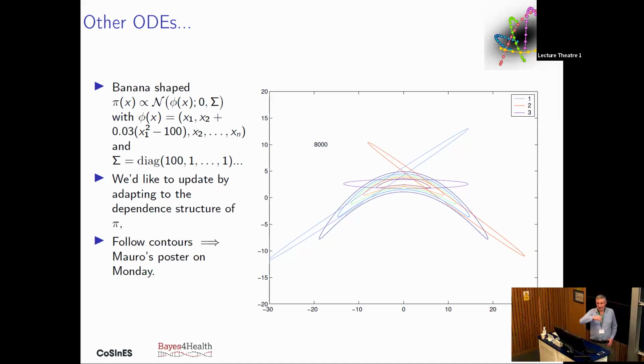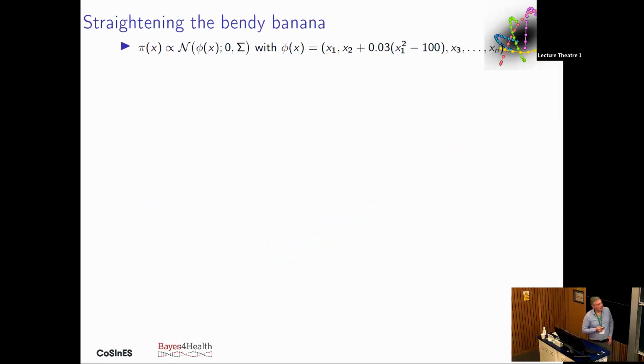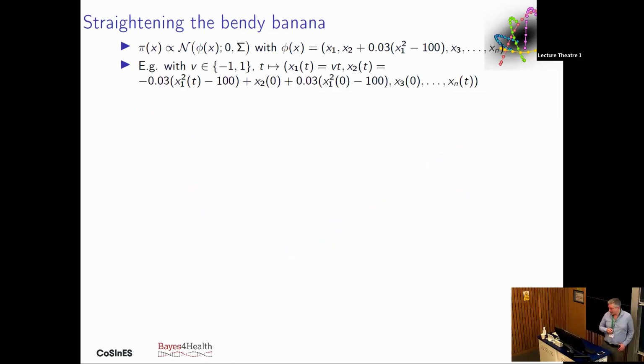But if we could exploit somehow the structure of the target distribution, then probably we could do a better job. So one idea would be to say, well, I'm going to follow the contours. I refer you back to Mauro's posters on Monday, but in fact, one can make other remarks.